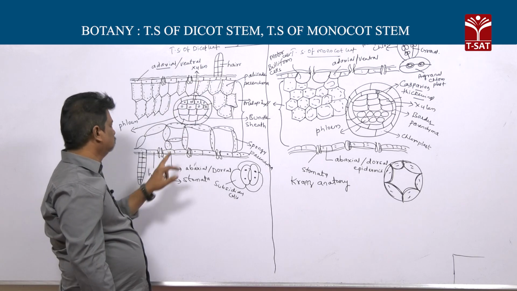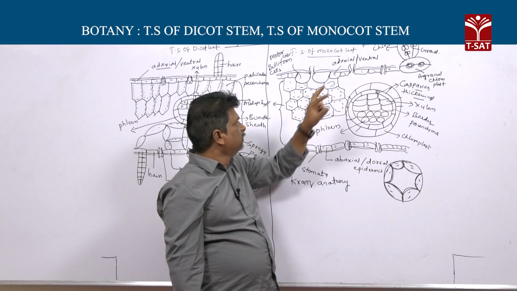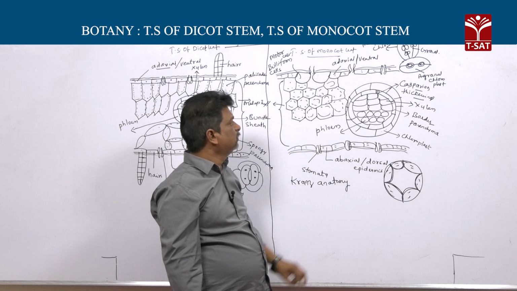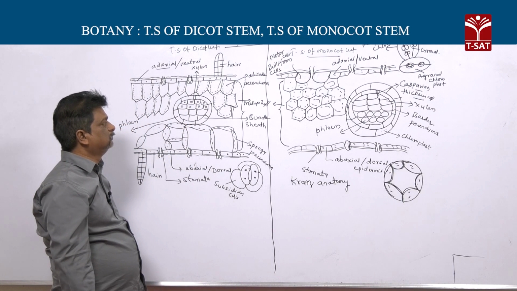They are present in dicot leaf, but these multicellular outgrowths are absent in monocot leaf.